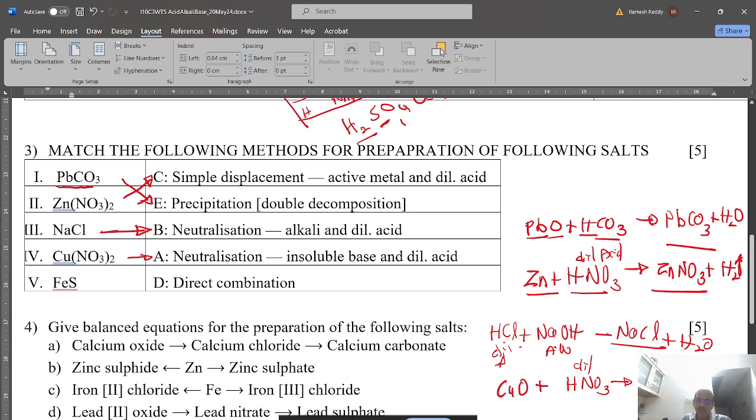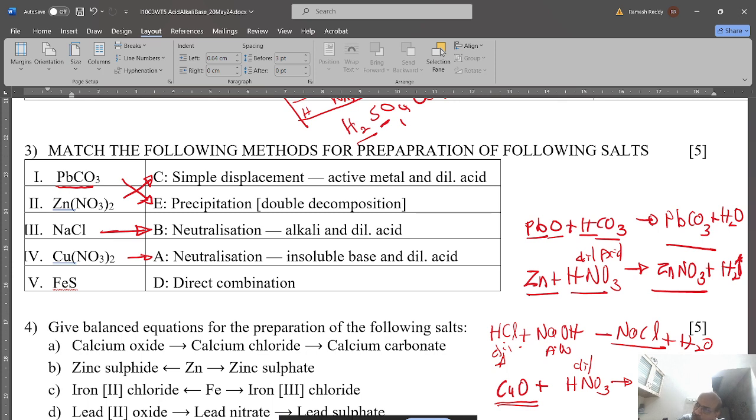So this is also a neutralization reaction, but with an insoluble base. Normally, bases are metal oxides and metal hydroxides. Hydroxides are generally soluble in water. Normally, oxides are not soluble in water. When you burn copper, you get copper oxide, which is in powder form normally.